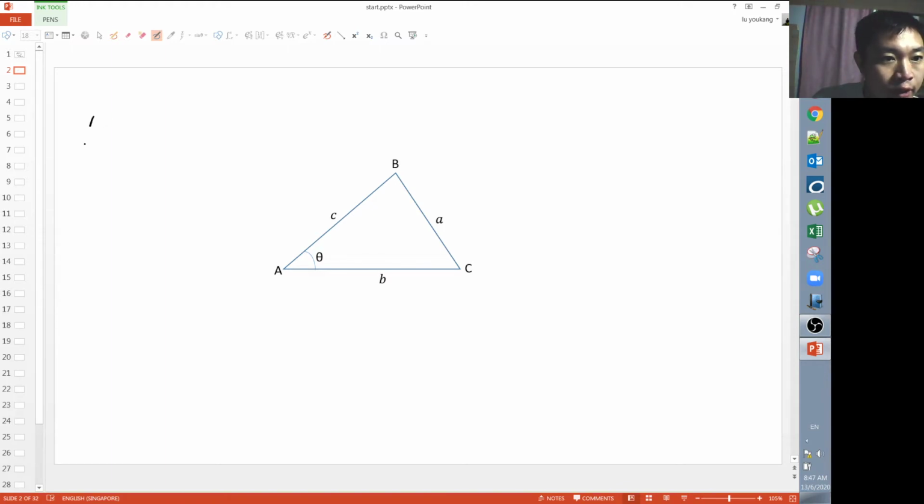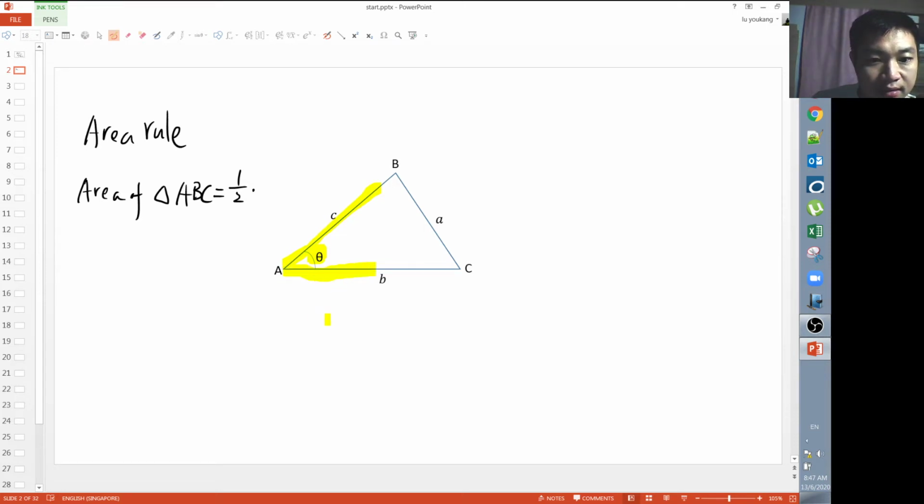We also have the area rule, which we learned yesterday in my previous video. So the area rule says the area of this triangle ABC is given by half times, and this is your angle theta. What you need to do is take the two sides that sandwich this angle theta.